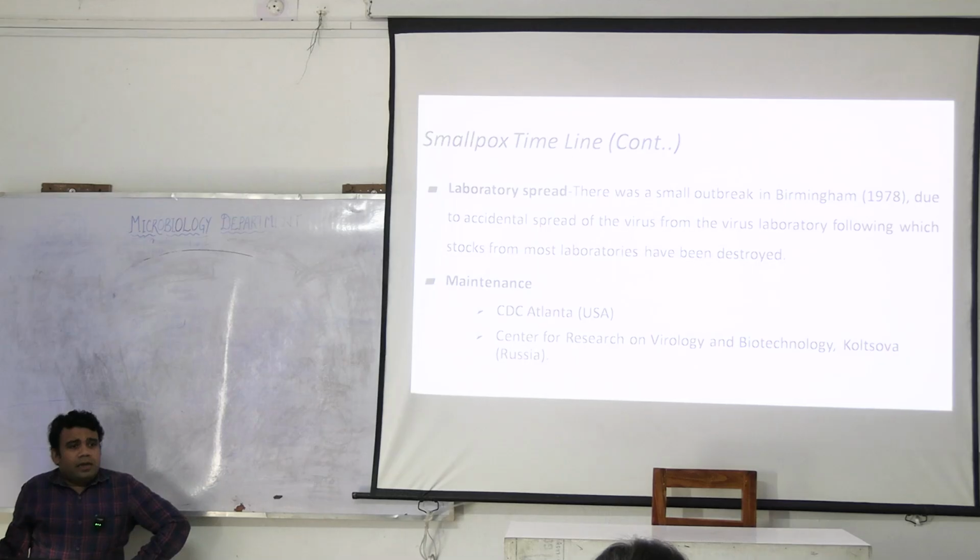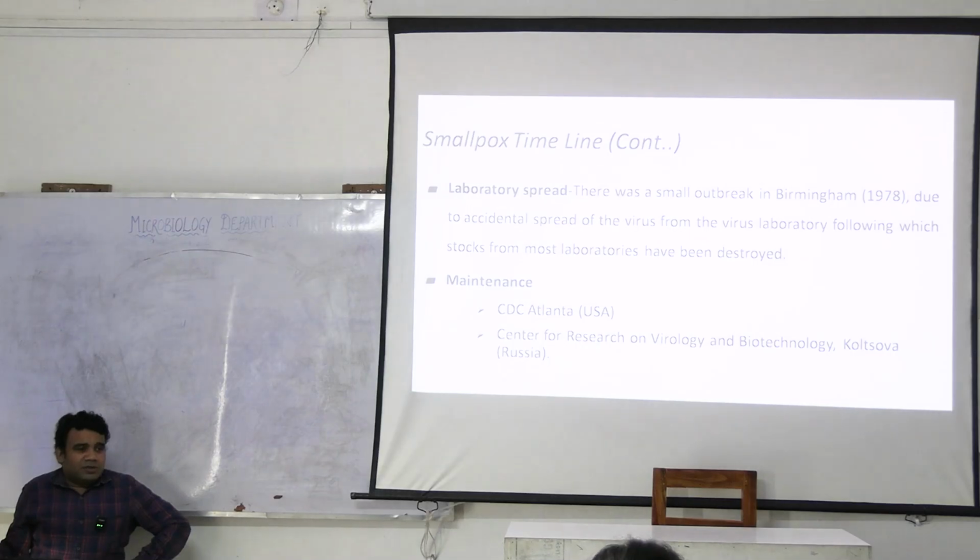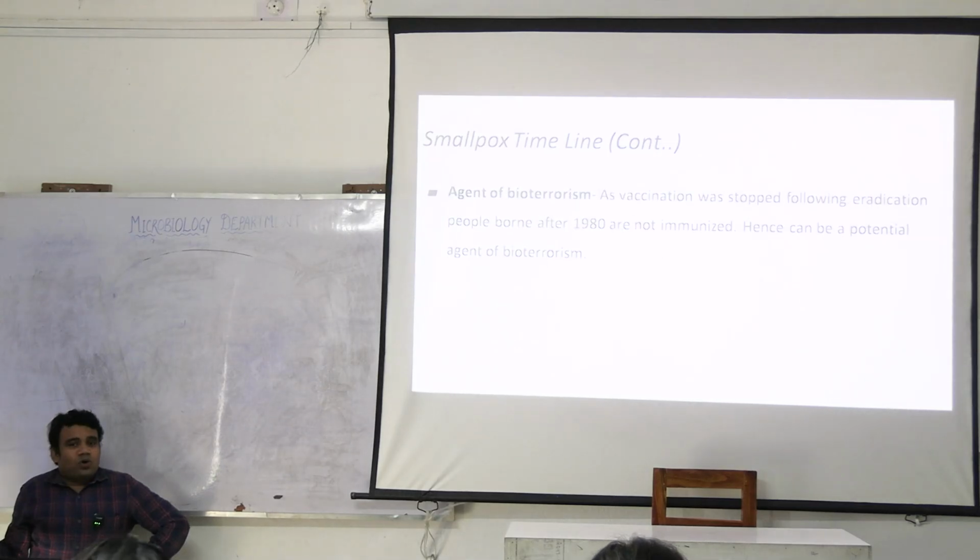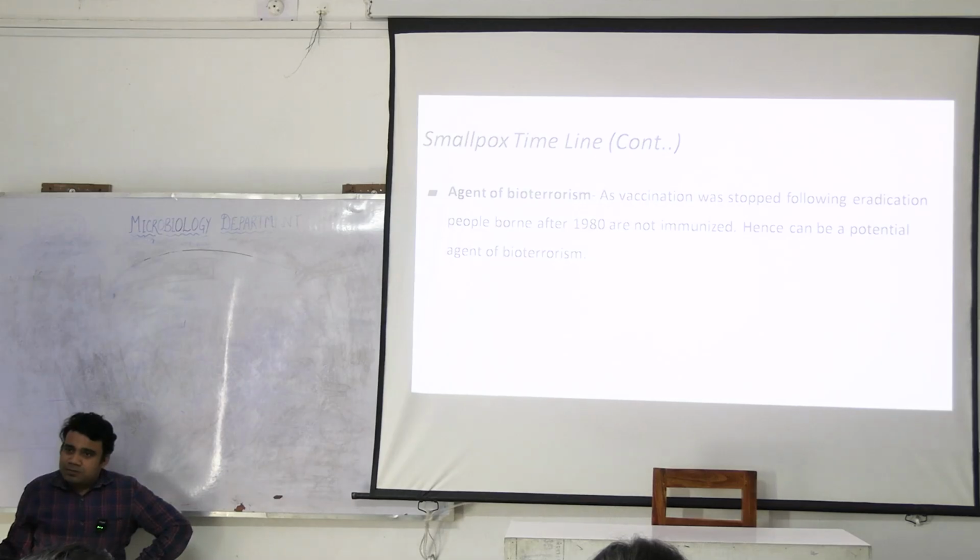But keep in mind, although eradicated naturally, this virus is still preserved in laboratories, both in Russia and United States. So there is a chance of bioterrorism. Suppose this virus leaks out from the laboratory and spreads, 100% of the human population today has no immunity to smallpox.